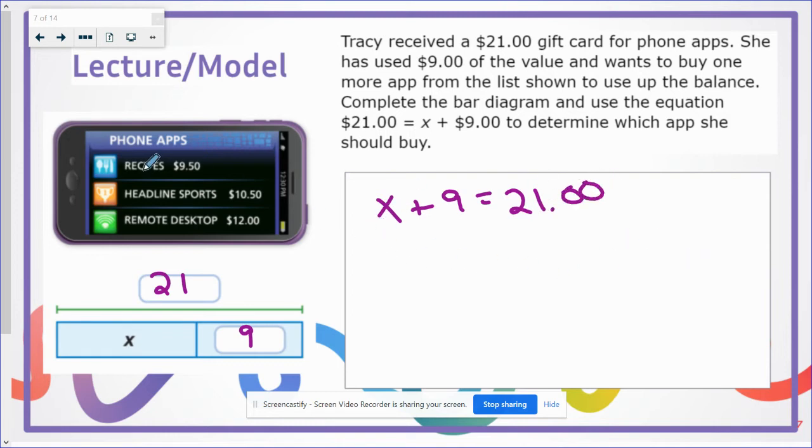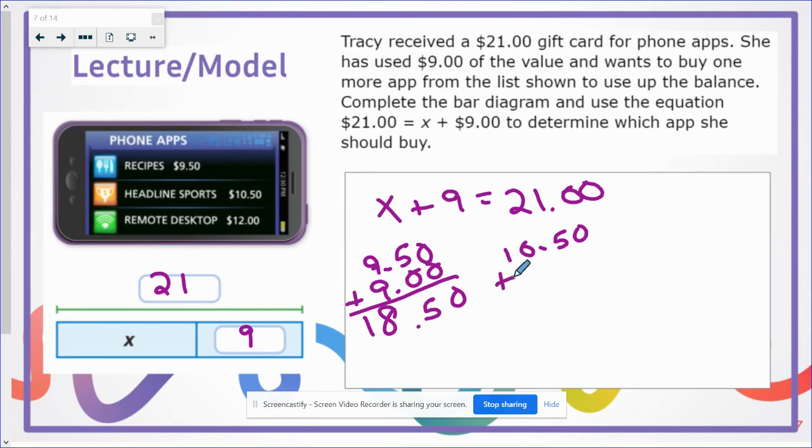Let's add first for All Recipes, $9.50 plus $9 would make $18.50, so that doesn't work. Let's try Headliner Sports. $10.50 plus $9 would be $19.50, so we're still short.